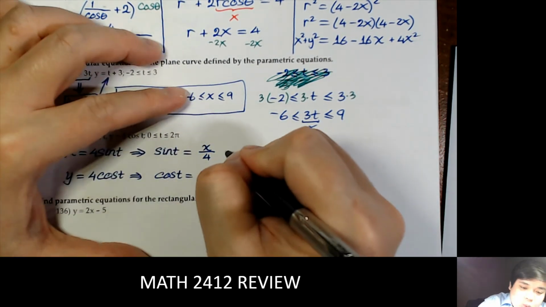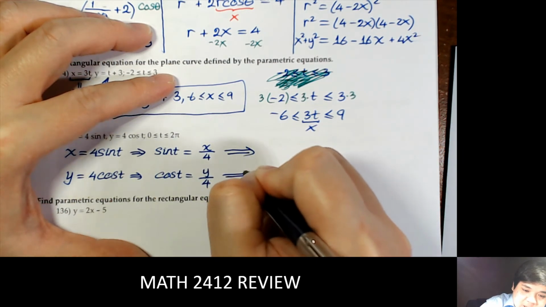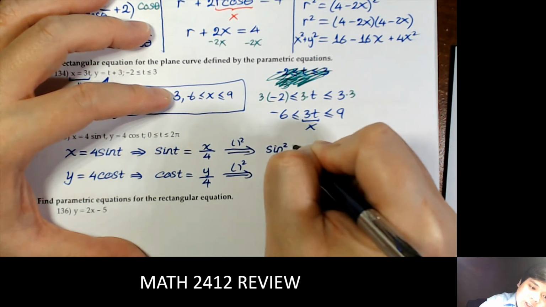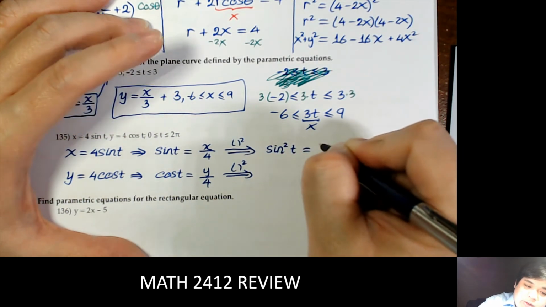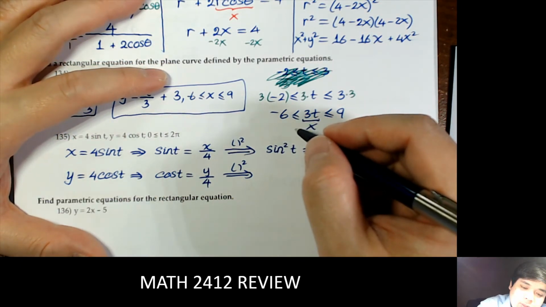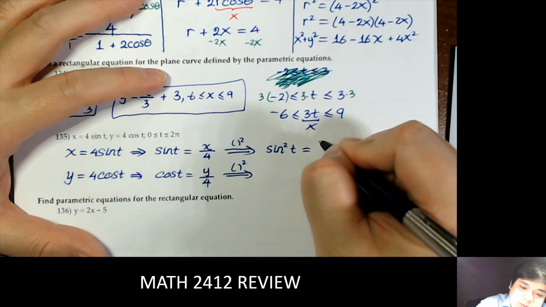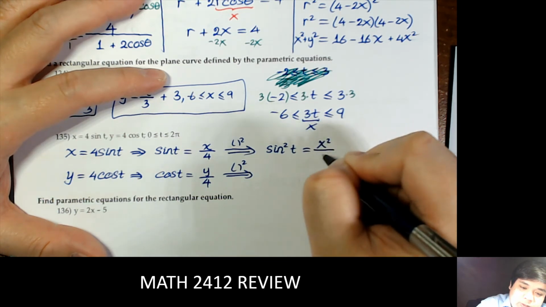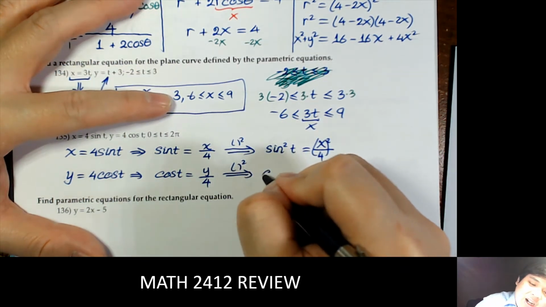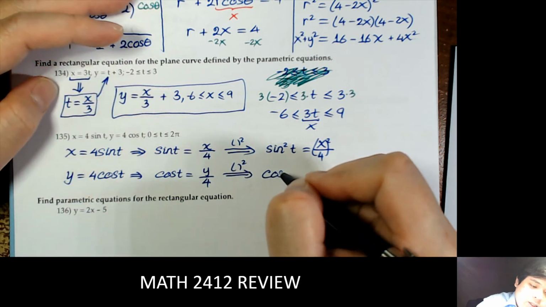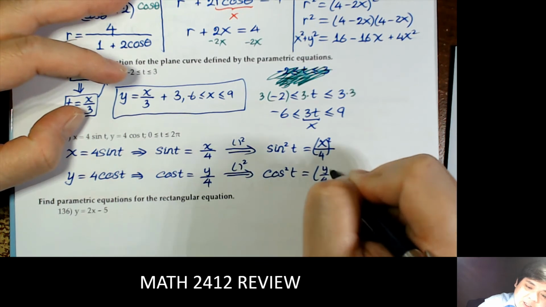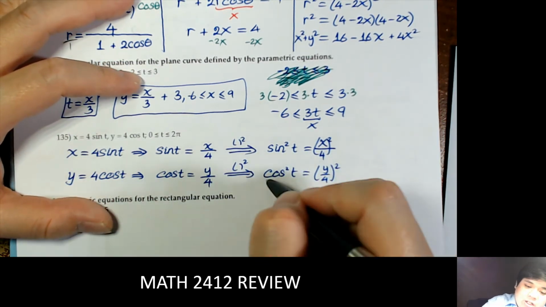Right. Now let's square both sides. That gives us sine squared t equal to x squared over 16, and cosine squared t equal to y squared over 16, and we'll just add side by side.